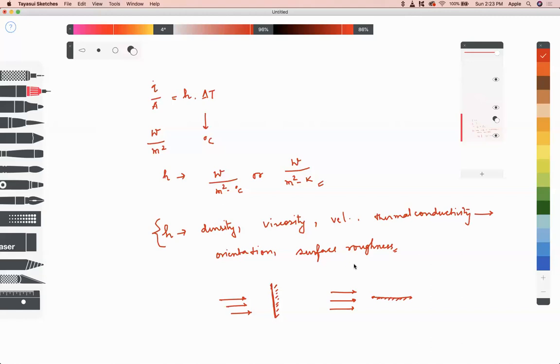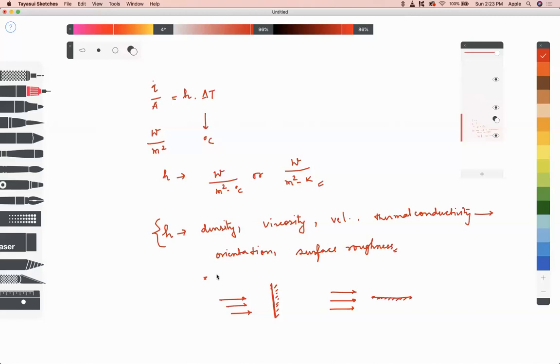All right, and when it comes to convection, there is natural convection and there is forced convection. So two very different approaches have to be used while solving those kinds of problems. Okay, so this is all about your Newton's law of cooling.